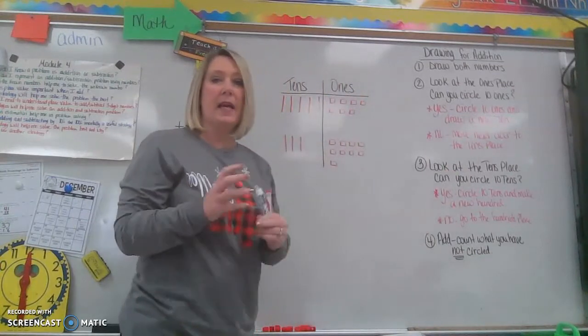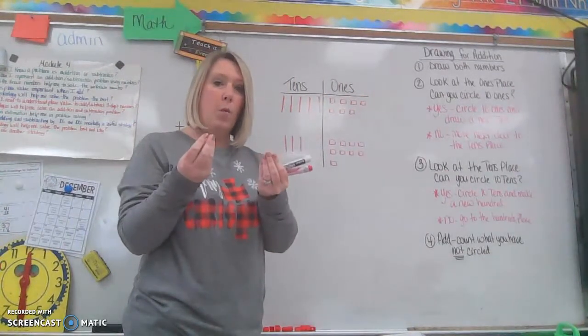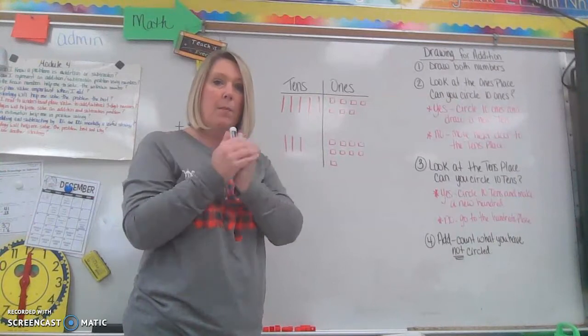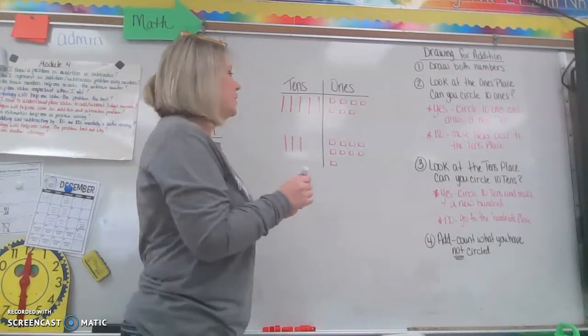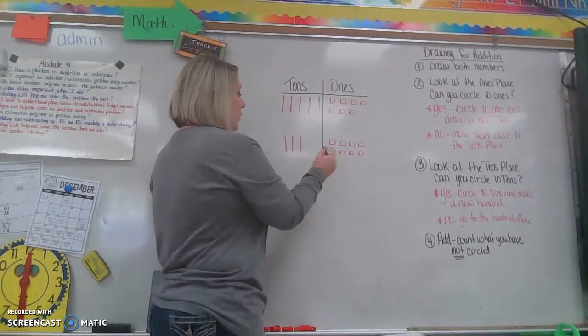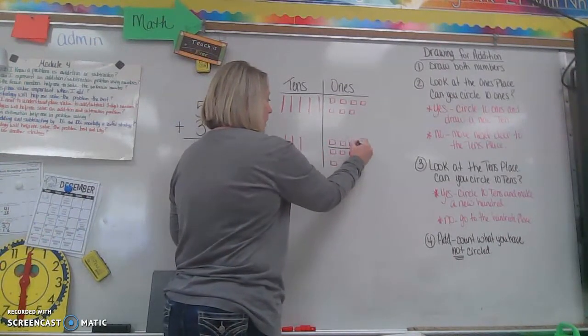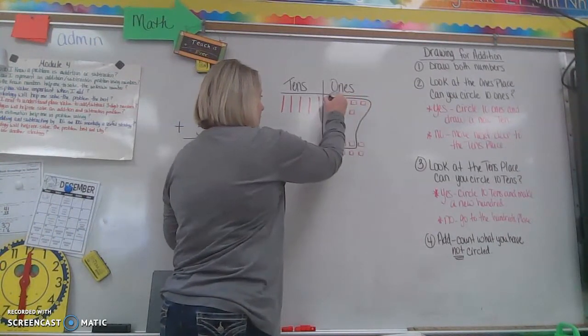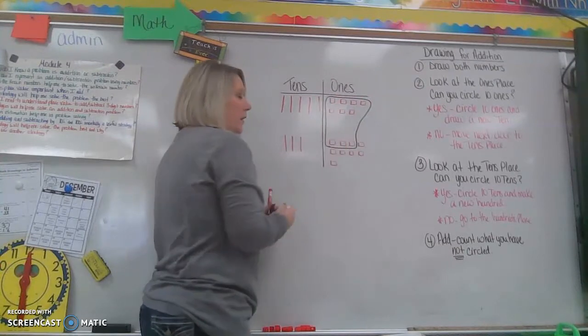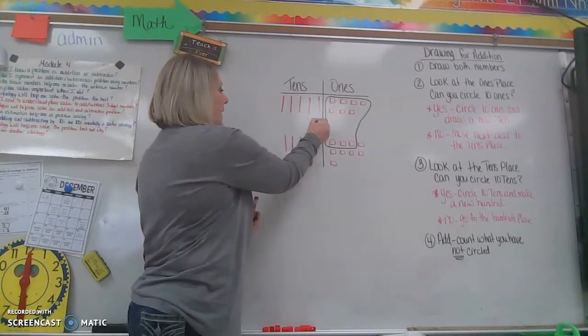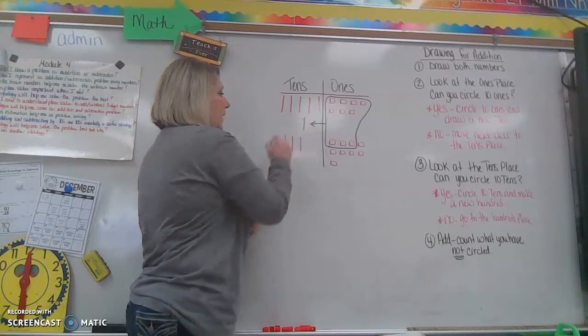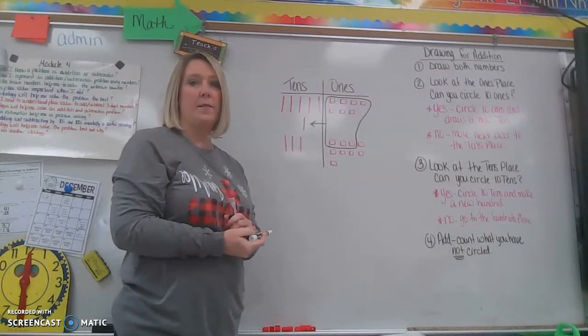What I'm doing is taking those 10 single ones and making a whole 10. So you're going to circle those 10 ones, just like that, and you're going to make a new 10.